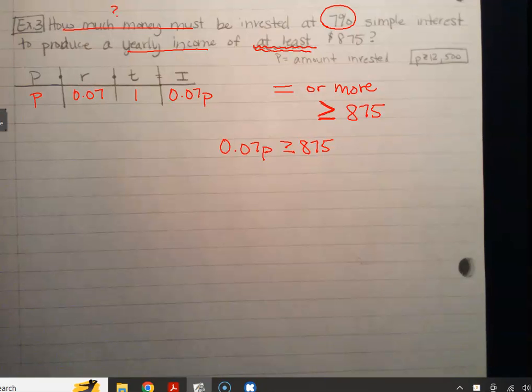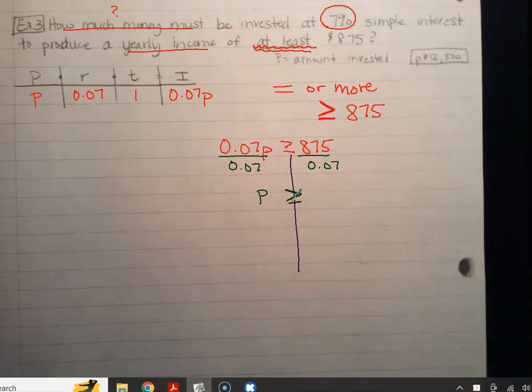So to solve it, what are we going to do? Excellent. We're going to divide by 0.07 on both sides. And then we're going to get our principal. We divided by a positive number, so we just bring our symbol down. Bring that inequality symbol down. And what is 875 divided by 0.07?